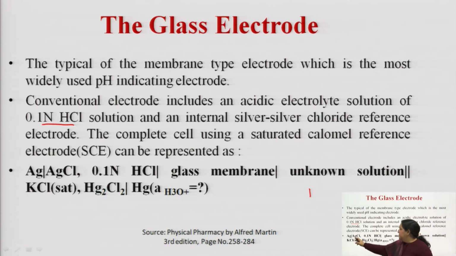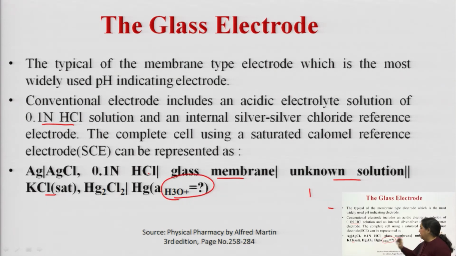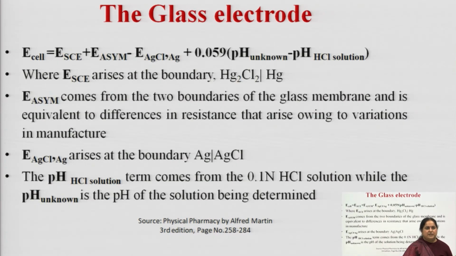So, the cell is: silver chloride, 0.1 normal HCl present in the glass electrode, glass membrane, and unknown solution, and KCl salt bridge, KCl saturated, and Hg2Cl2, Hg, and this is the hydronium ion concentration. Right. So, this is the total cell equation which can be written by taking the glass electrode as the indicator electrode and another one the reference electrode.